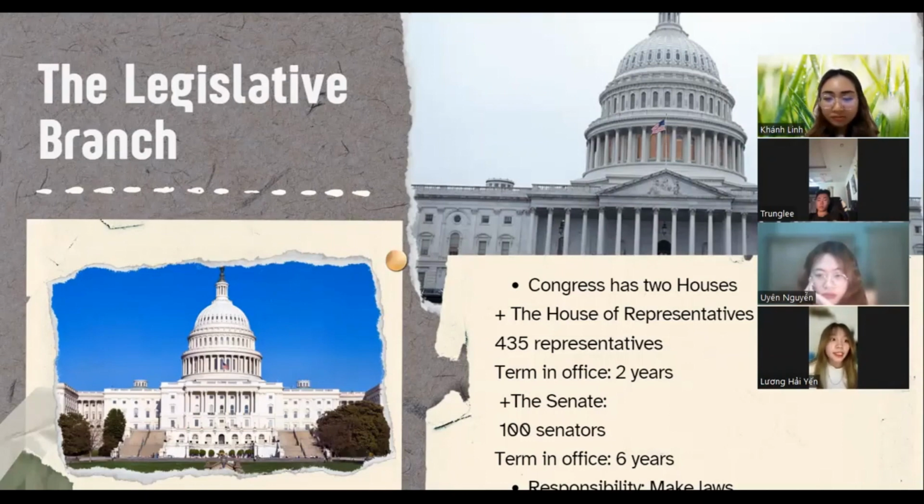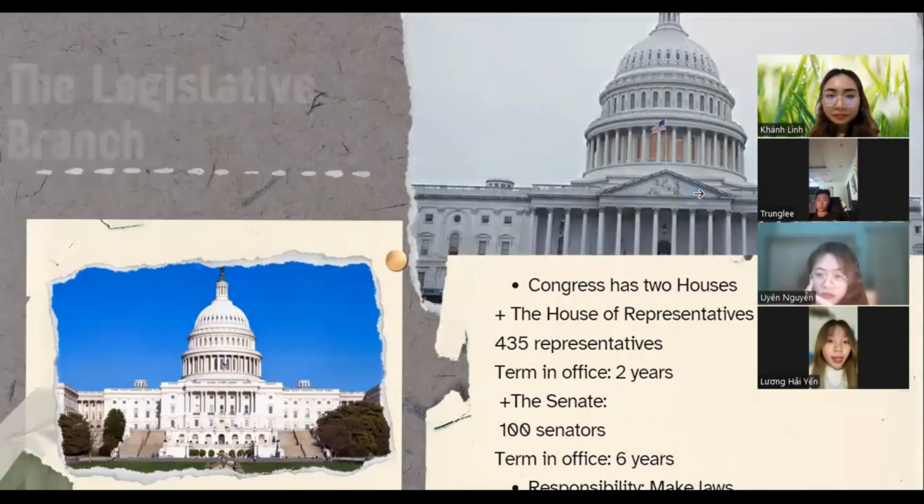The second is the Senate. Each state has 2 senators, which means there are 100 senators total. These senators are elected to a 6-year term, and their main job is to make laws in the United States.